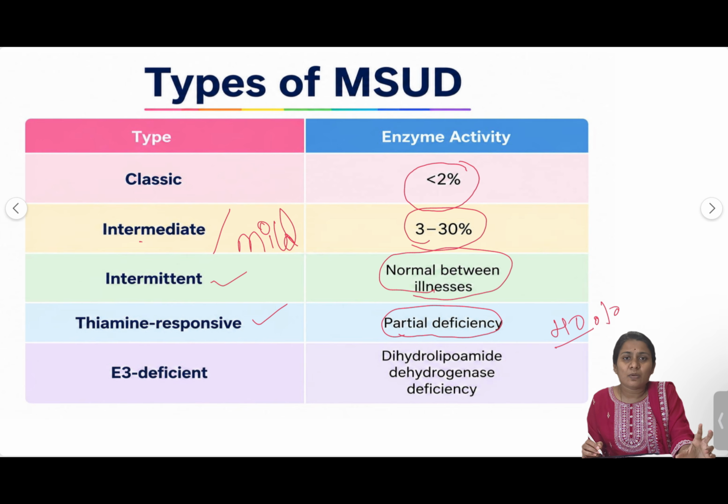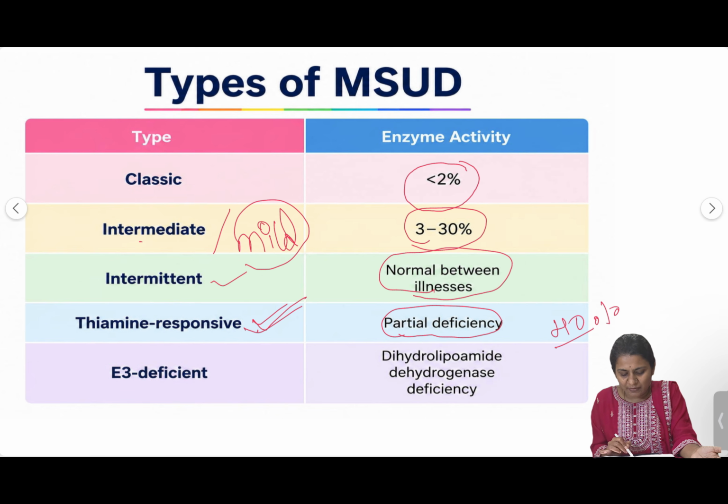It requires cofactors like thiamine pyrophosphate, lipoamide, FAD, NAD, coenzyme Q. So it is a mild variety only, but if you give thiamine in some patients with a mild phenotypic variant, the child will be responsive to thiamine. So the recovery is good with thiamine. So they have given a separate entity as thiamine responsive.